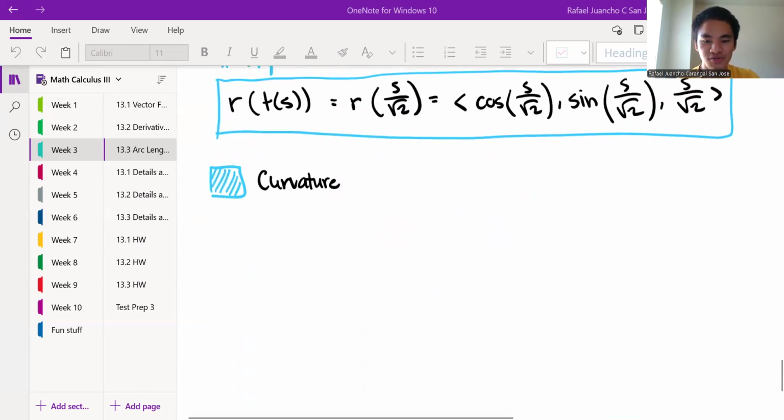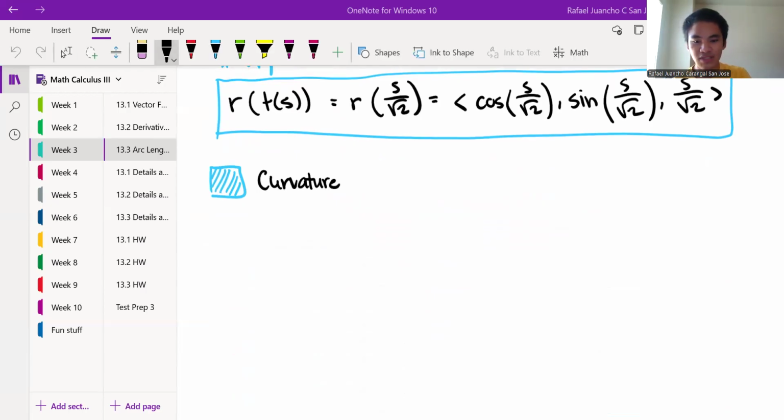And now we move on to curvature. So I'm going to write that out.